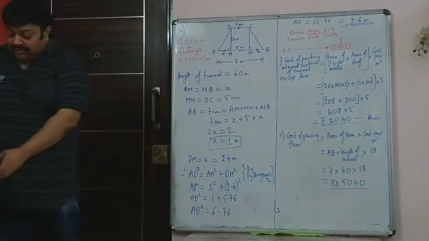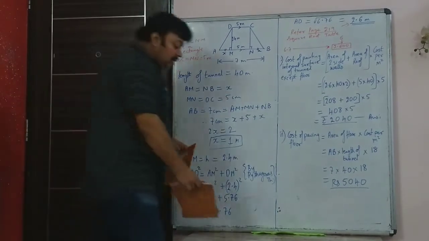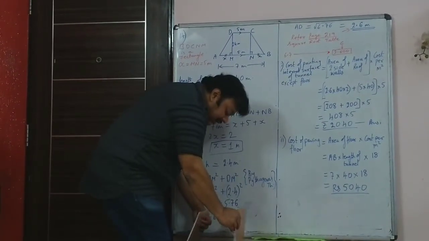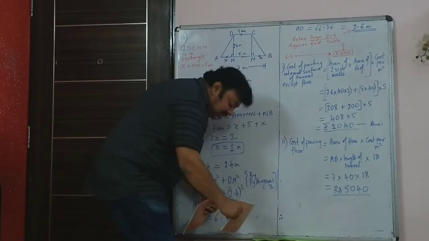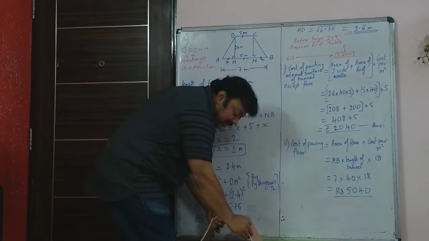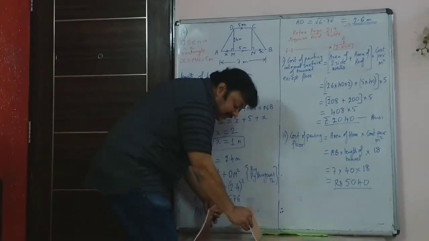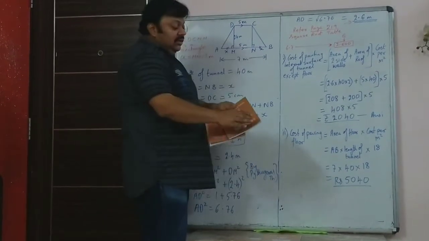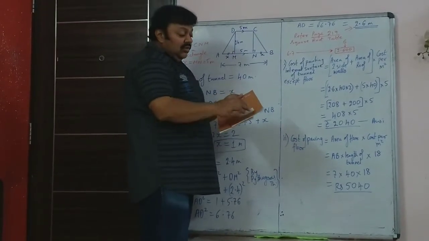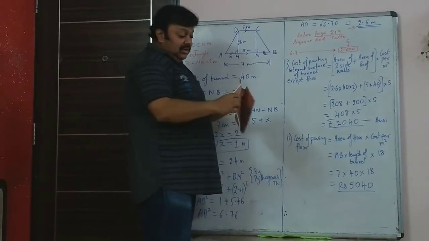That means in the tunnel we had these two sides. At the sides, this side is 2.6 and this side is also 2.6. They are identical. The height was 2.4, but we are interested when we paint. We are going to paint this rectangular surface fully. So this is 2.6, the length.